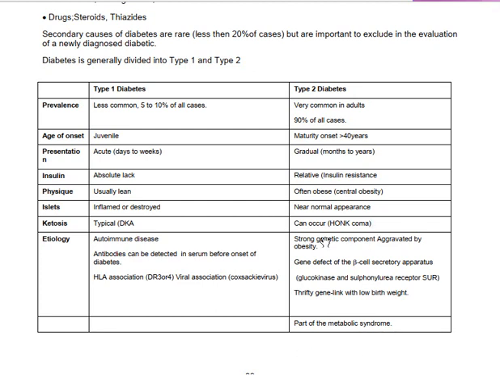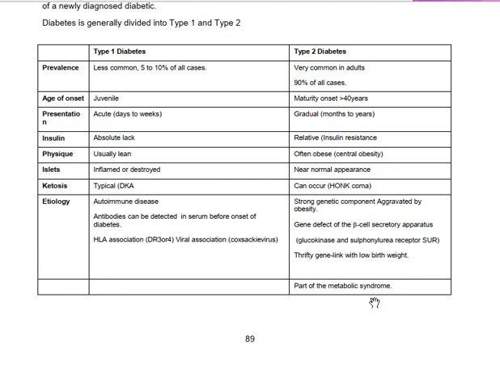Those are the 5 components of the metabolic syndrome or syndrome X. Now, you have gene defect of beta cell secretory apparatus, and then the third gene link, low birth weight. It can also be associated with patients who have low birth weight. Is it clear?